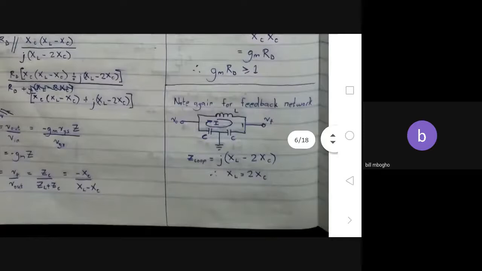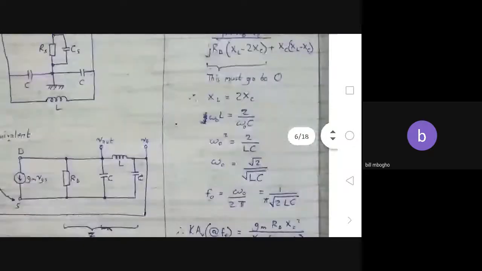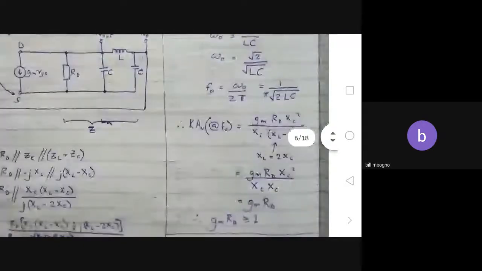Then here I've made the same note about the loop part, which now will have one inductor and 2 capacitors. So your Z loop becomes that. And to set the imaginary part to 0 again, it's the same situation as before: XL is equal to 2XC.